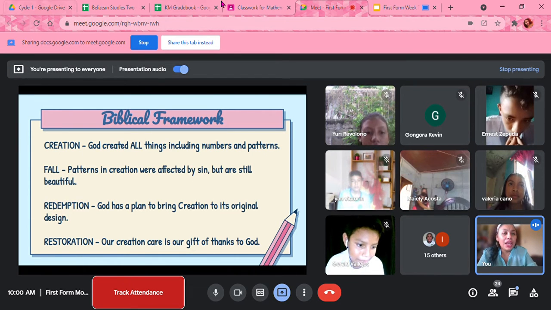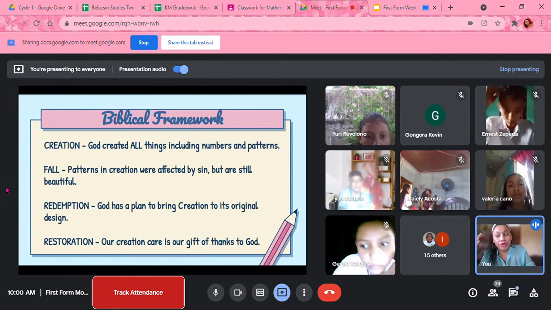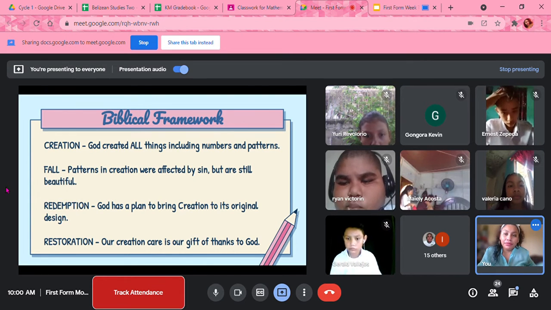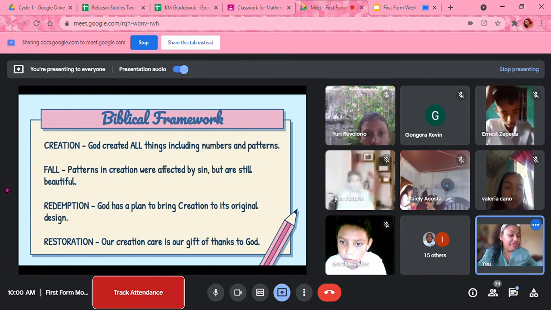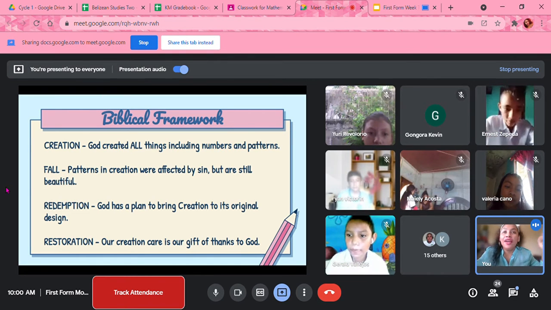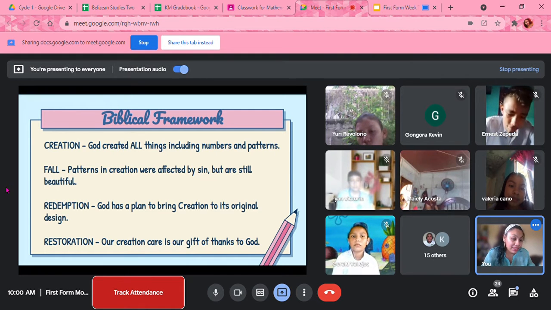So let's continue. Redemption. God has a plan to bring creation to its original design. Now, everything that we see, if it looks pretty, if it looks ugly, if it looks beautiful, whatever we look at has been affected by sin.